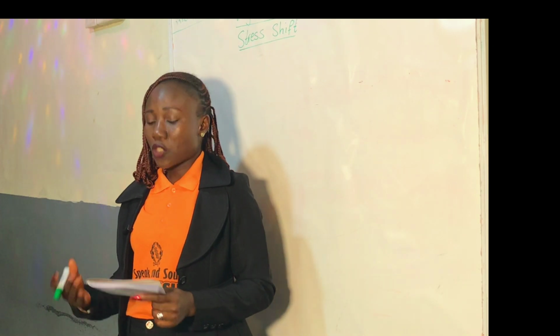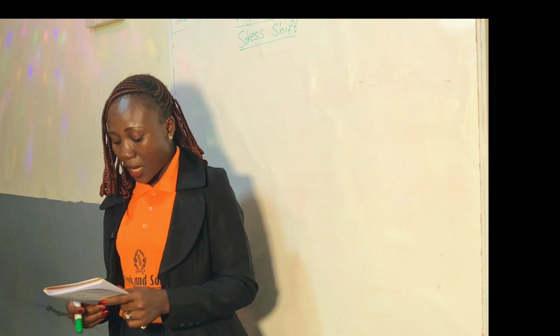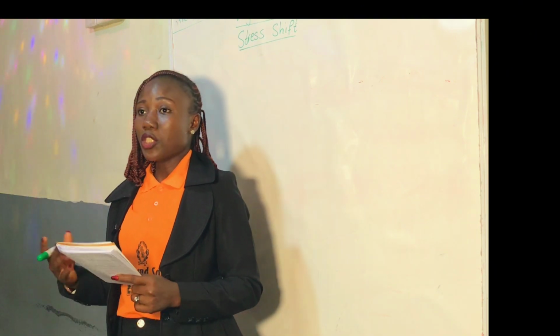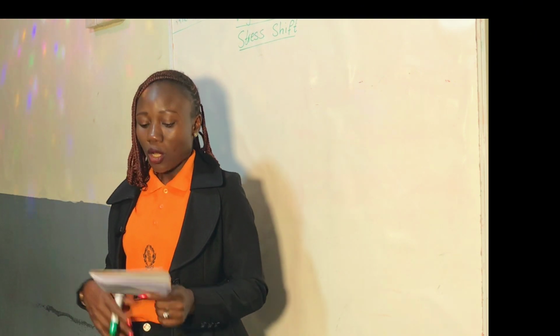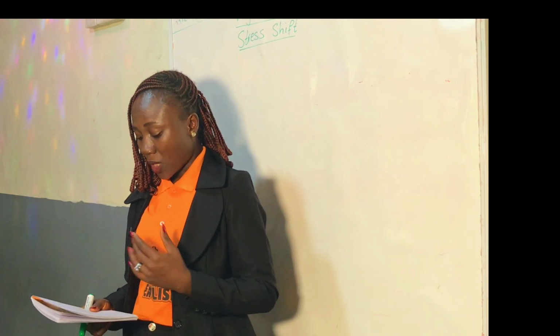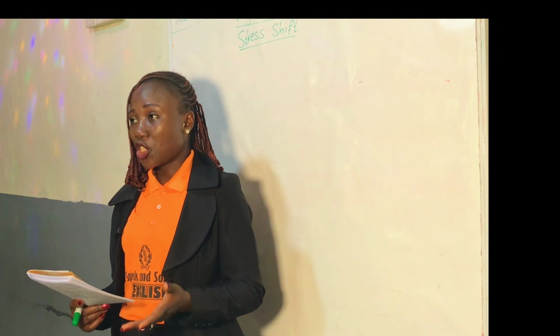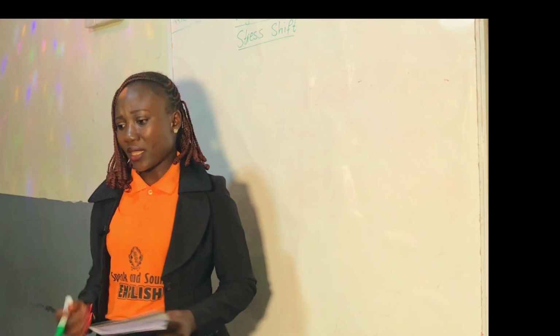What does stress shift do to a word? When you shift stress from the first syllable to the second syllable, or when you shift your stress from the second syllable to the first syllable, it affects the pronunciation, it affects the meaning, and it affects the grammatical function of that word. I'll take that again.